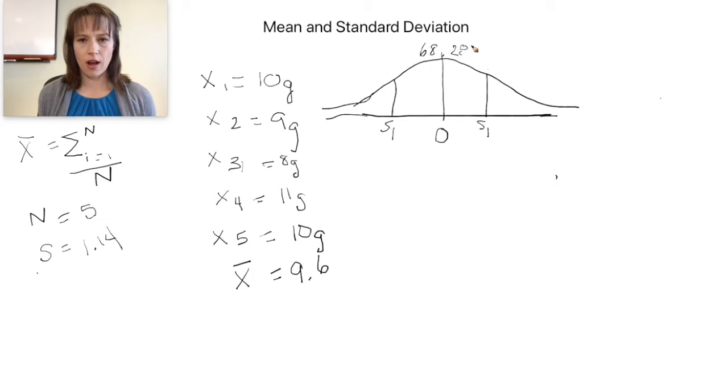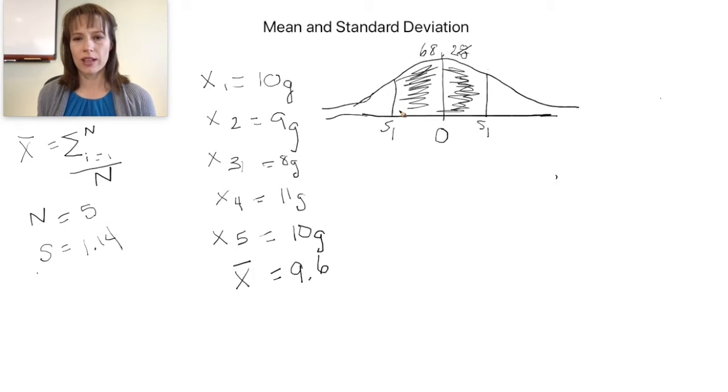68.2% of all the data points that we have collected should lie within plus or minus 1 standard deviation. That means that everything that we collected and would collect after this, if this is statistically significant, we should be able to find 68.2% of all of the data points within plus or minus 1 standard deviation of the mean.